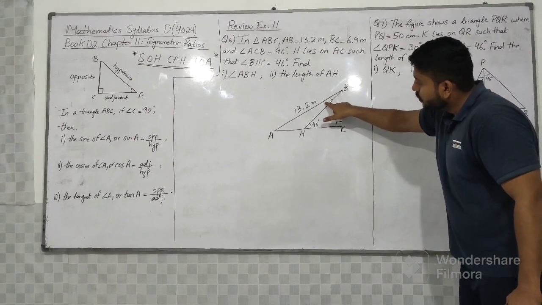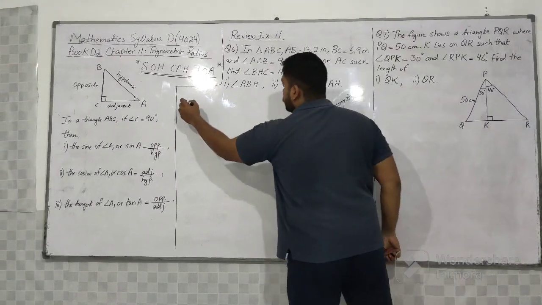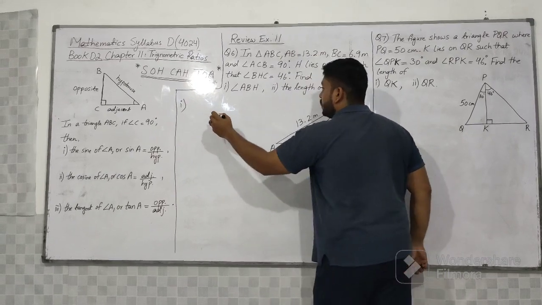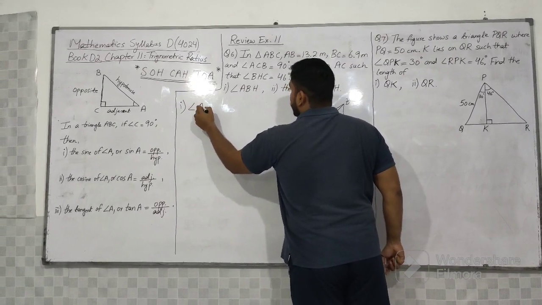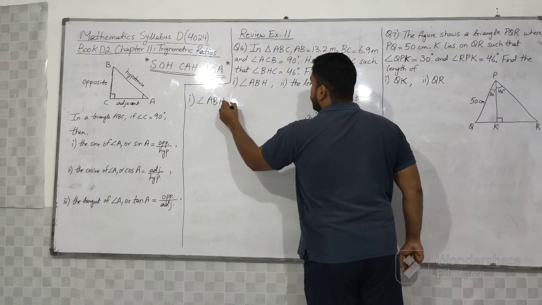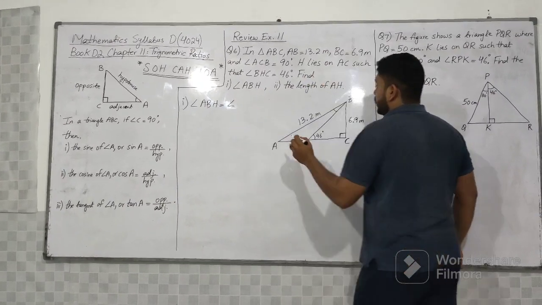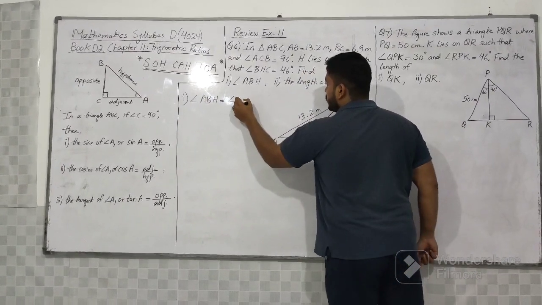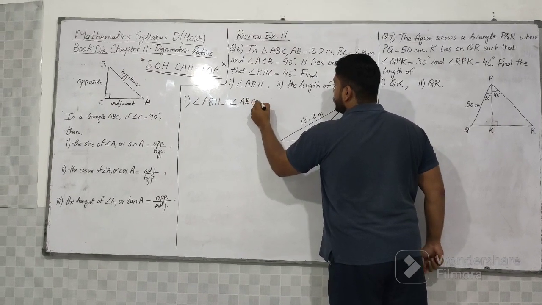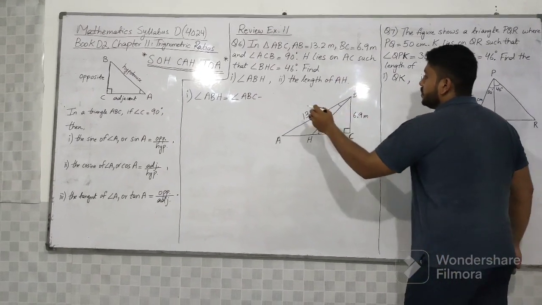This part will give you this smaller angle. So you can write this down: angle ABH will be equal to angle ABC minus angle HBC.